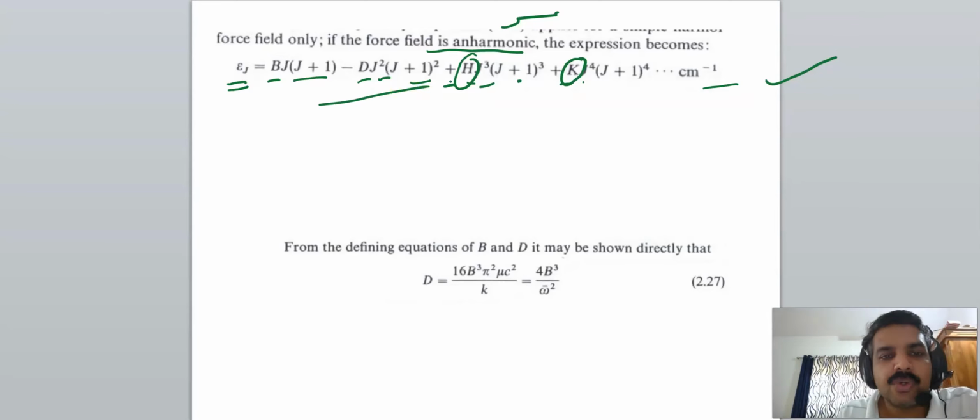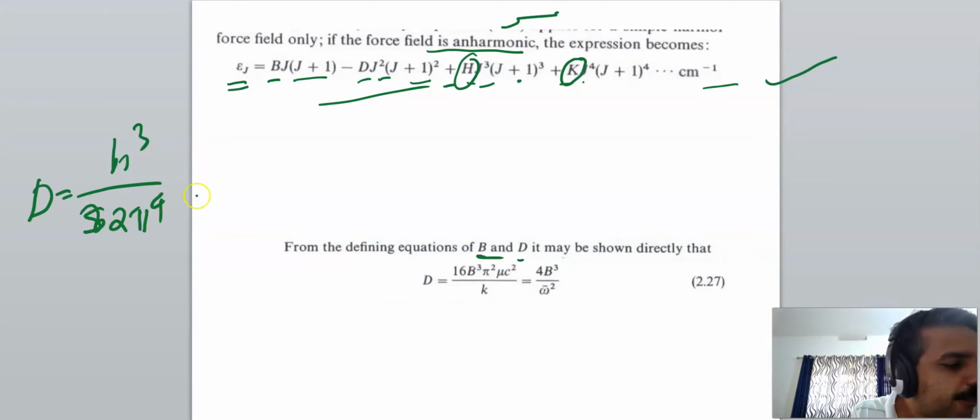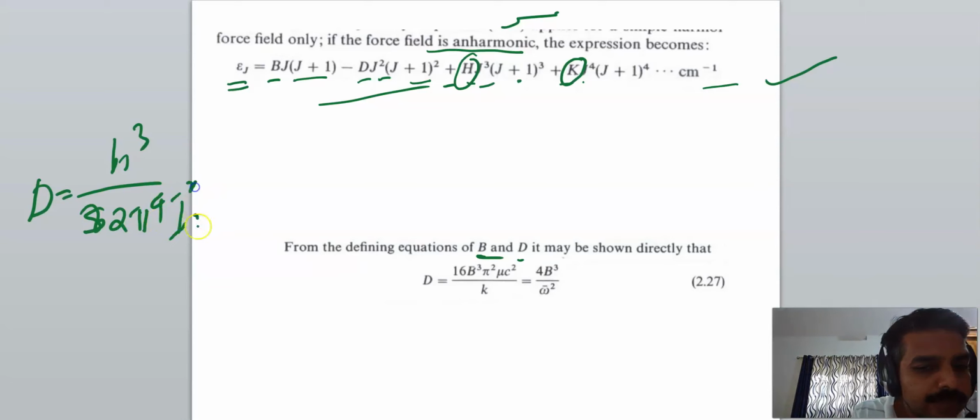So we can connect B with D. We got D is equal to h cubed divided by 32 pi raised to 4 I square r square kc.